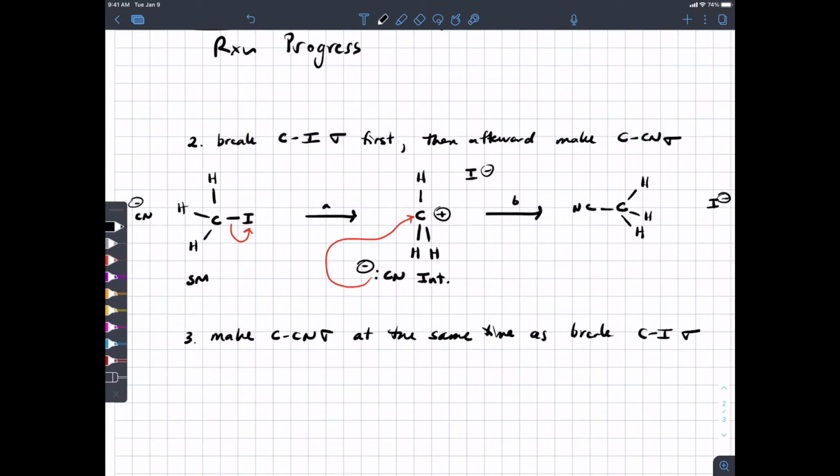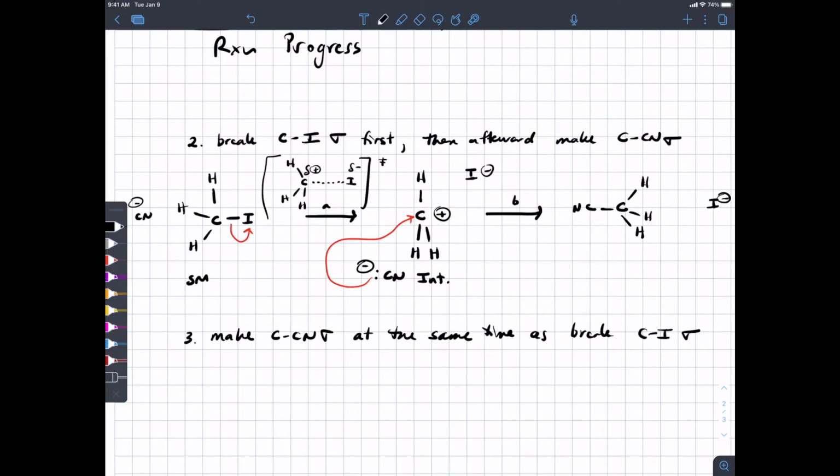Here's your new CN bond. You could draw the transition states. Presumably the first one would look like the iodide had started to leave and we were building up partial negative on the iodide and partial positive on the carbon to get to this carbocationic intermediate.